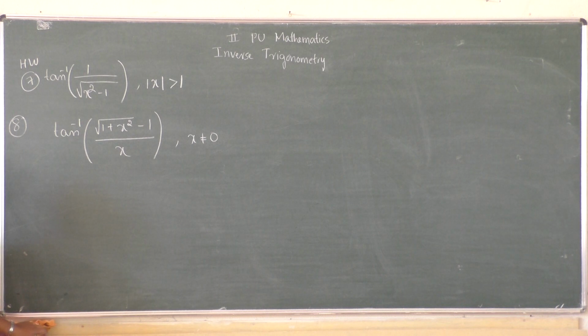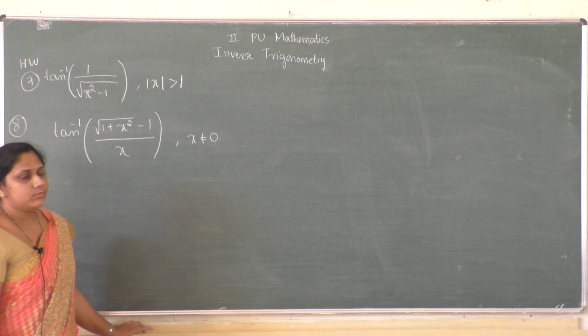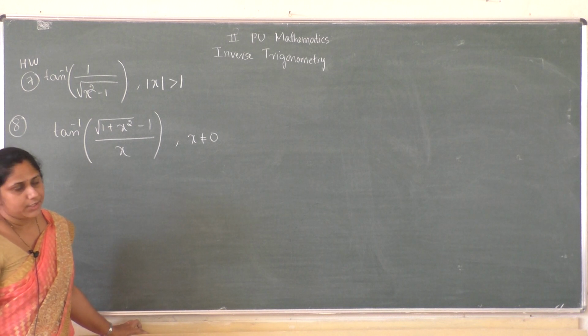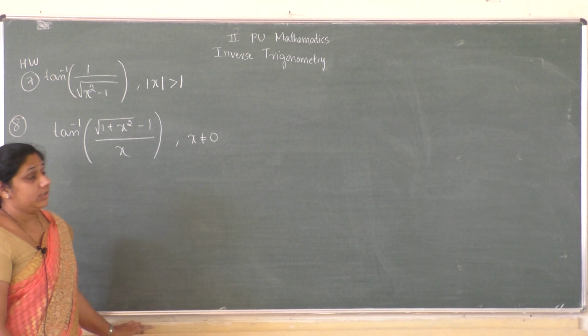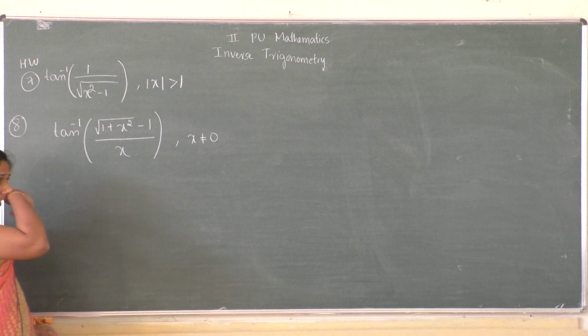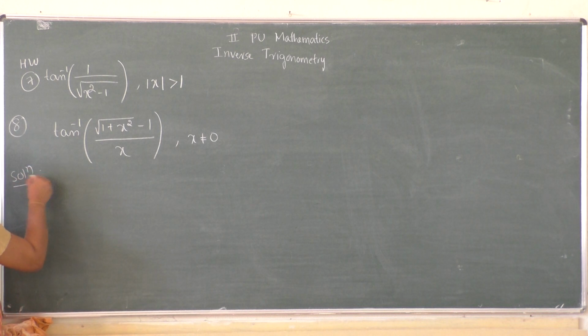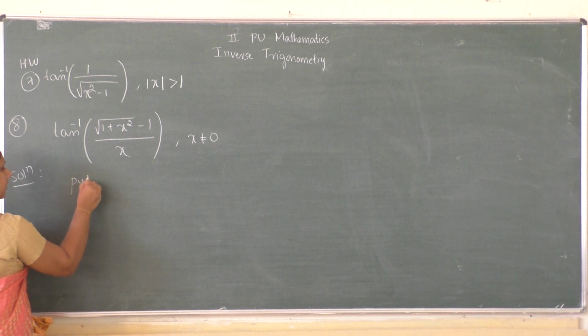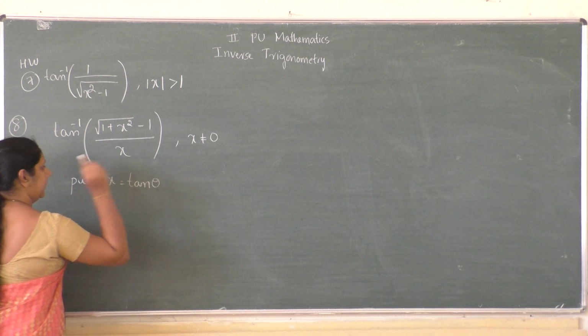Root of 1 plus x square, right? Already I told, if we have the term root of 1 plus x square, either you have to take x equal to tan theta or x equal to cot theta. So depending on the problem, we can choose one of them. So here I will put x equal to tan theta.